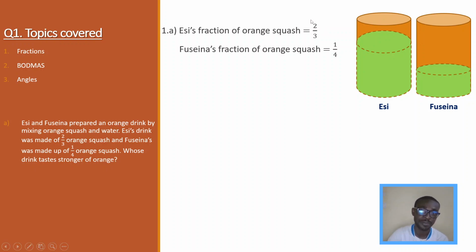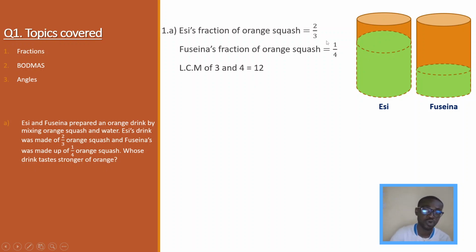So Essie divided her orange squash into 3 and used 2 to prepare the drink. Fusena also divided her orange squash into 4 and used only 1 to prepare the drink. So this is just a picture of what these fractions will look like.